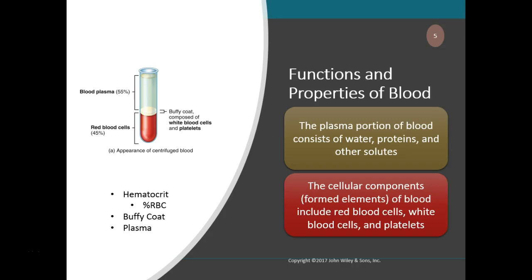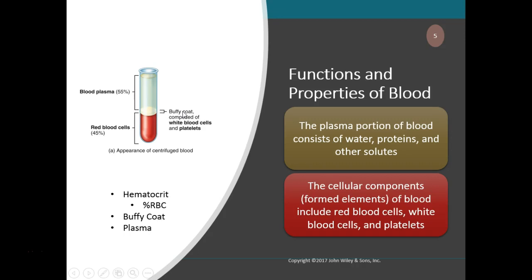And the final thing, when we're looking at centrifuged blood that has separated, we have about 55%, remember, made up of the plasma. Around 40 to 45% will be red blood cells, and that leaves us with this sort of fuzzy looking little white area between the two.